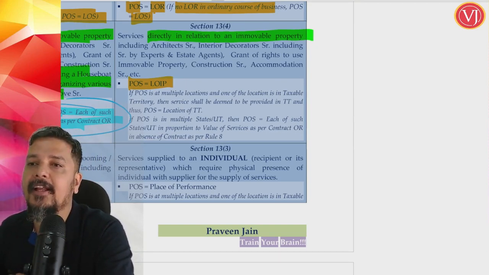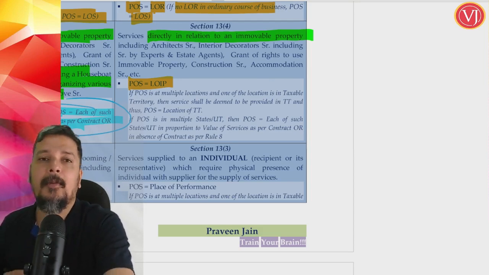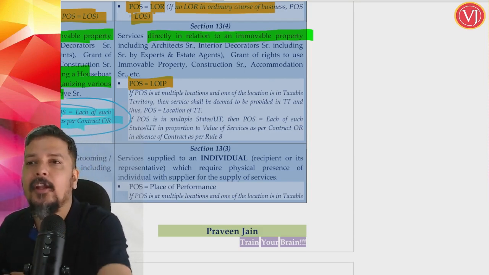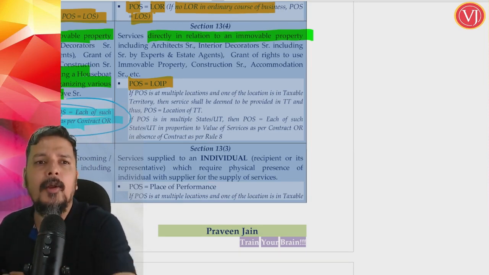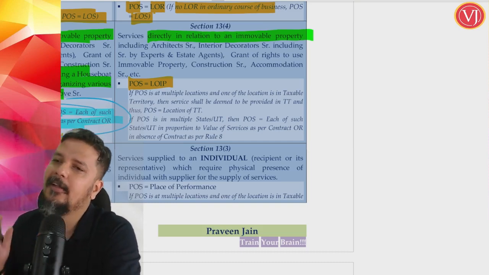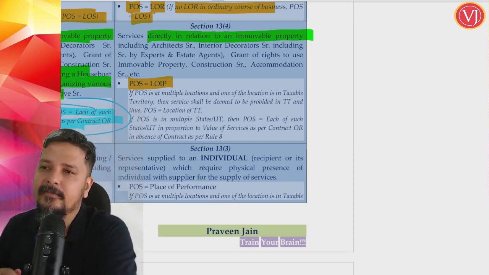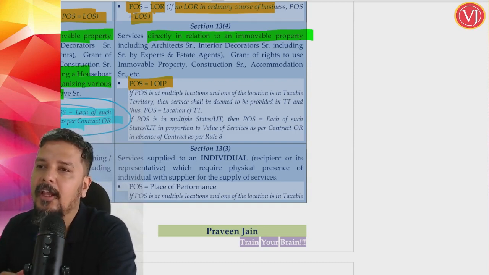If the immovable property is not there in India, then it is the location of recipient. See, location of supplier should be a last resort. Why did they tell location of recipient? Because they know that the recipient is in India. Only then are you going to apply section 12, because both LOS and LO are in India. But here they are very, very clear. They're telling that no worries, we'll go with the location of immovable property.